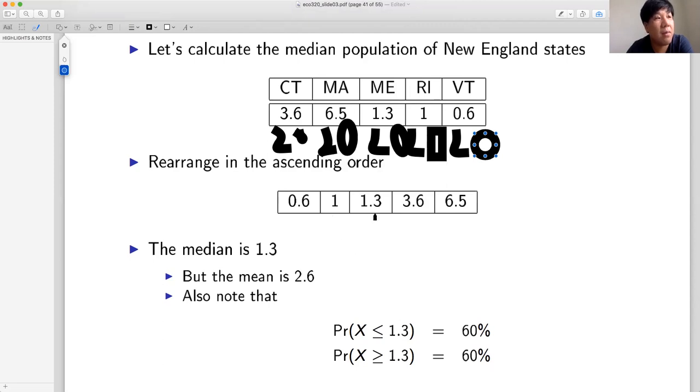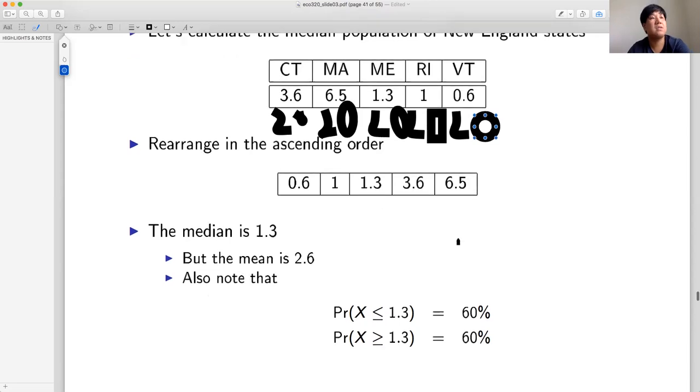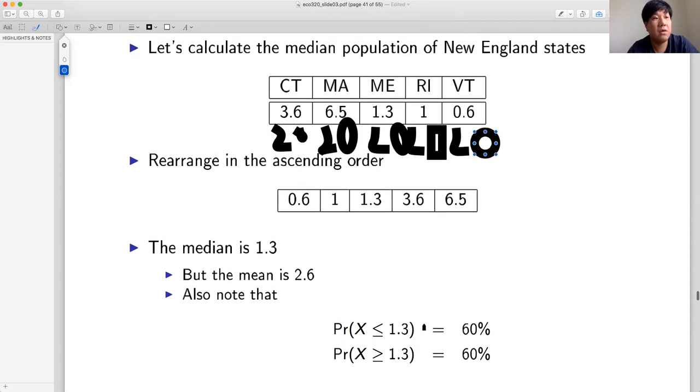Adding this probability is cumulative probability, something I'm going to cover in detail later. Also, the probability that x is greater than or equal to 1.3, that is 1.3, 3.6, 6.5, so 20, 20, 20 is also 60%. So they satisfy the median condition, so that's why it's the median.